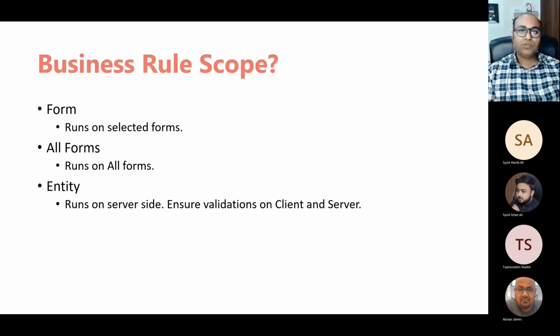On the other hand, if the user imports data using data import, or creates or updates a record using an API, let's say web API or REST API, in that case, this rule will not be applied. This rule will not execute at all because we set the scope to either form or all forms.